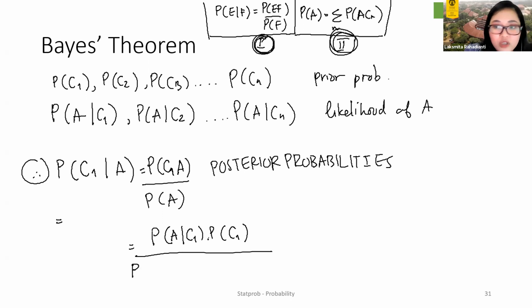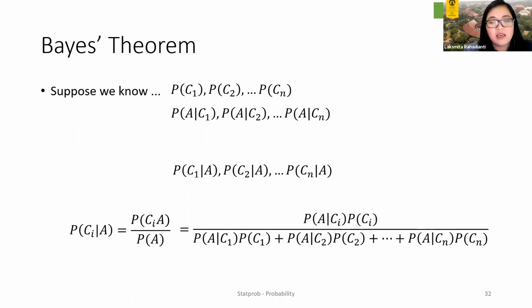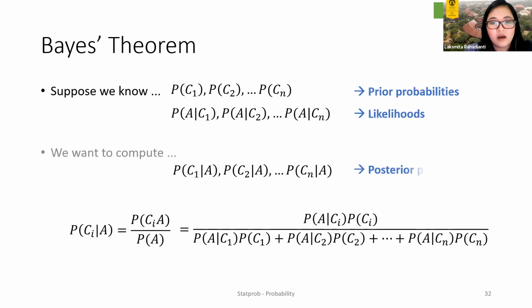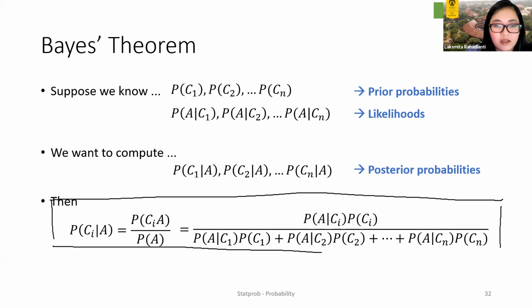So here I could write down P(A given C1) times P(C1) plus everything up until P(A given CN) times P(CN). These are all the prior probabilities and likelihoods. And this is the basis of the Bayesian theorem. This here is the Bayesian theorem.